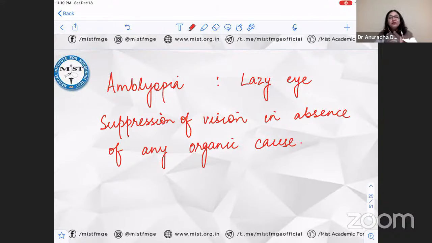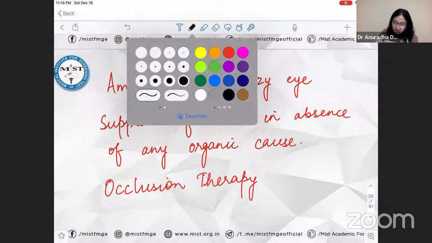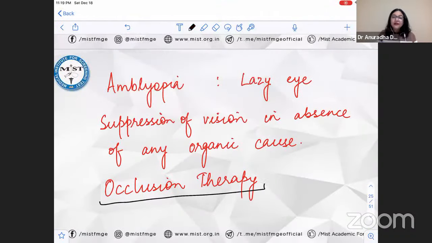Another important question related to amblyopia can be the treatment of amblyopia. The most effective treatment of amblyopia is what is known as occlusion therapy. What do we mean by occlusion therapy? We patch the good eye of the child so that he or she uses more of the lazy eye and vision can be stimulated in that.